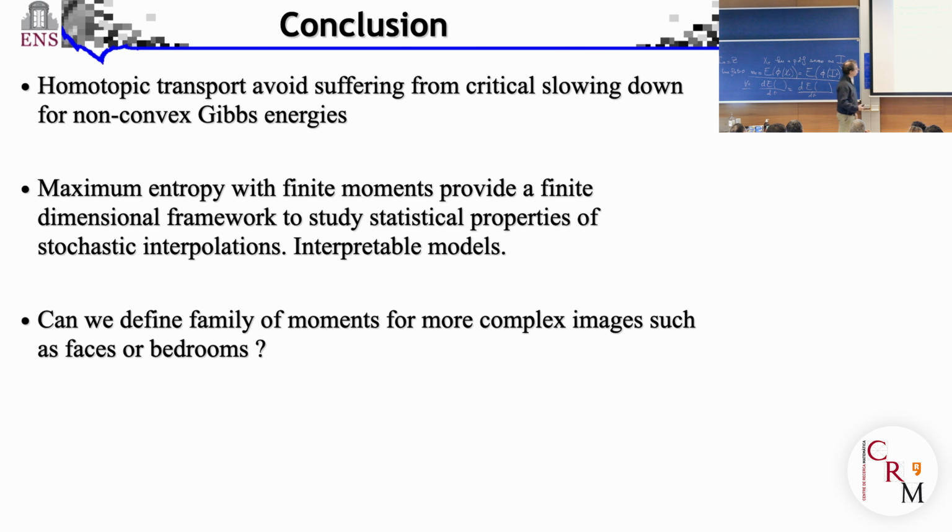One really important question is to understand whether we can go beyond these stationary models of physical images such as turbulence or cosmic web by prescribing mathematically the moments. In other words, can we synthesize faces with some kind of harmonic analysis tools?